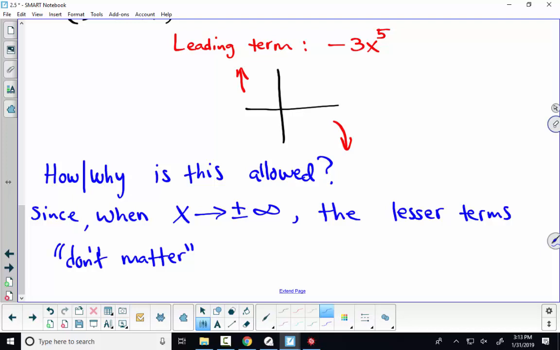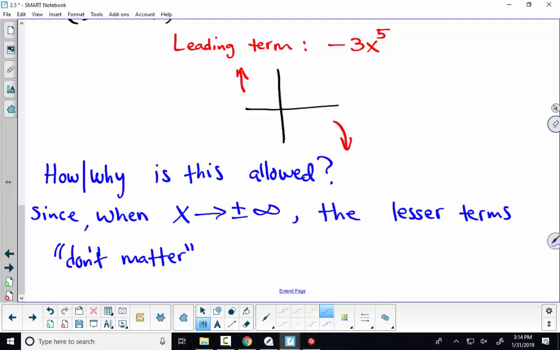If x is really small, then of course all of those other terms matter. We're just saying that as x gets larger and larger and keeps doing so, those terms that are not leading terms start adding less and less to the overall value.